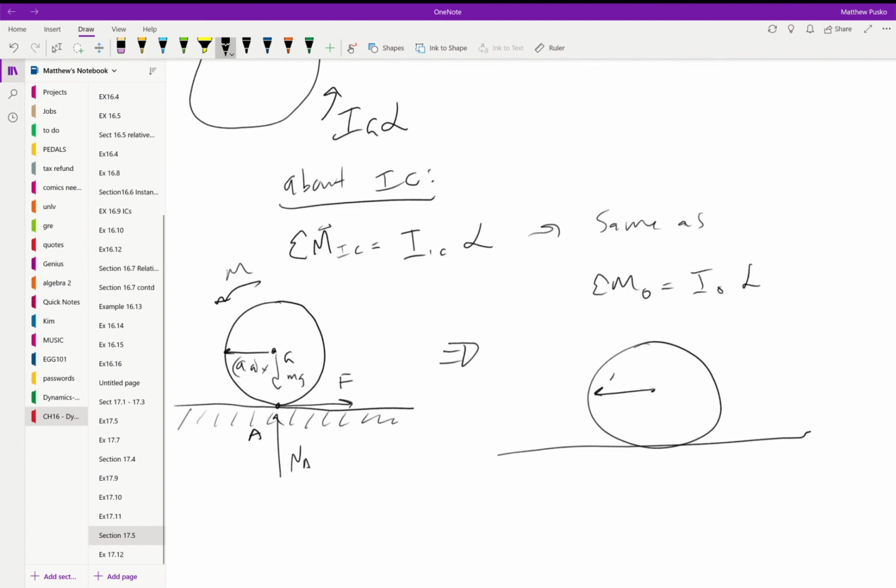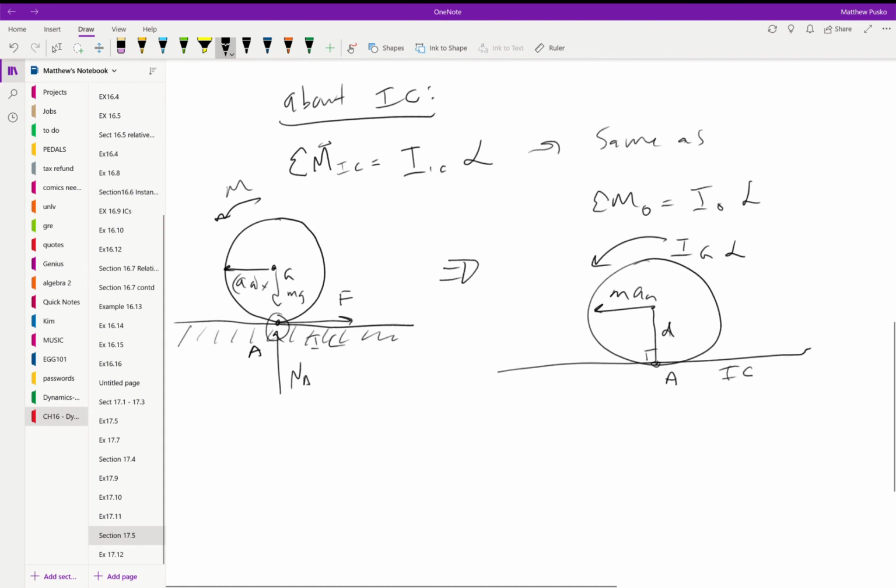where we get some mass times the acceleration of G. I'm going to draw this distance out d. This is our perpendicular distance from A, our instantaneous center of zero velocity. And for our kinetic diagram, we also need to include IG alpha.